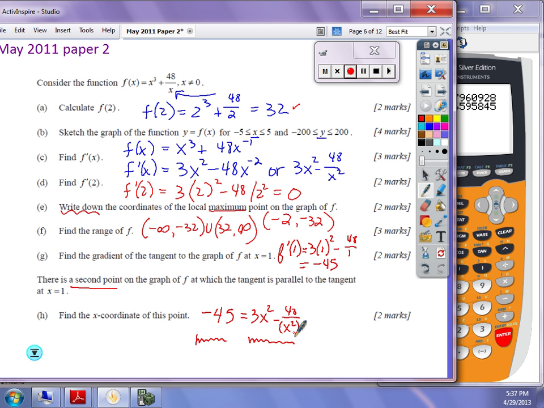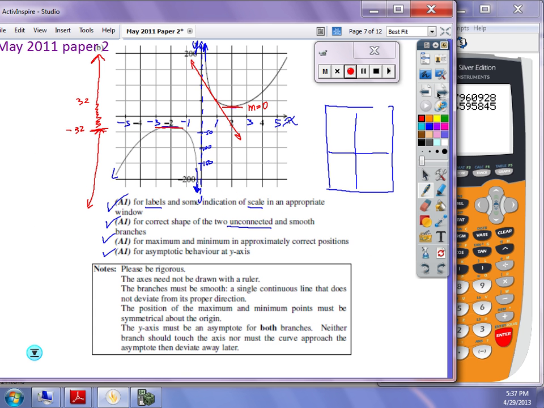Or I could look on my graph and say, well, I'd like to find a place where I've got a line parallel, because I know they have to have the same slope. So since this graph is symmetrical, I can see that those two parallel lines, that's going to happen right here at the x value of -1.